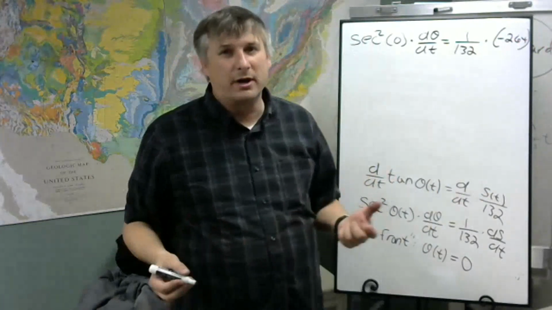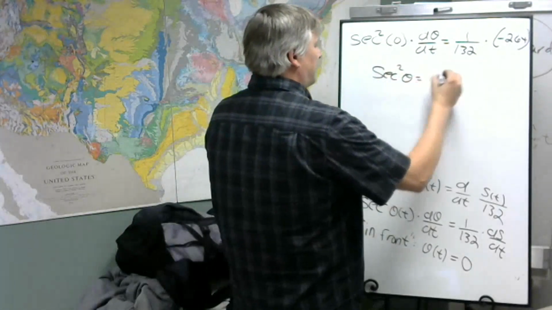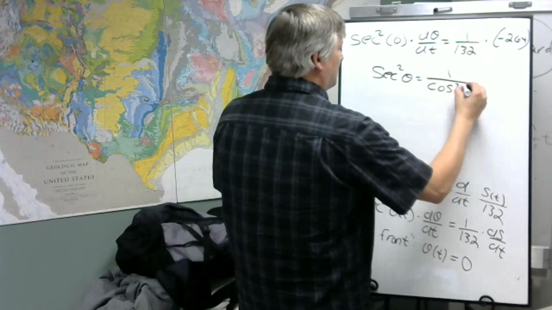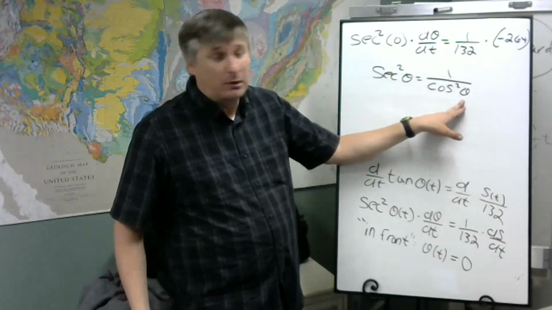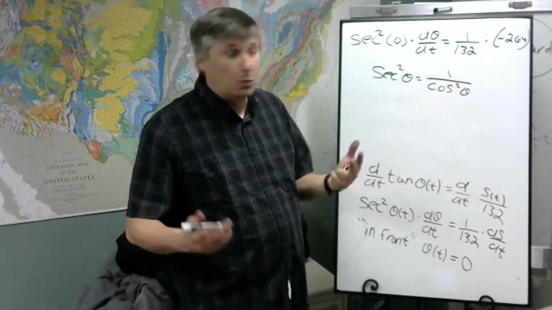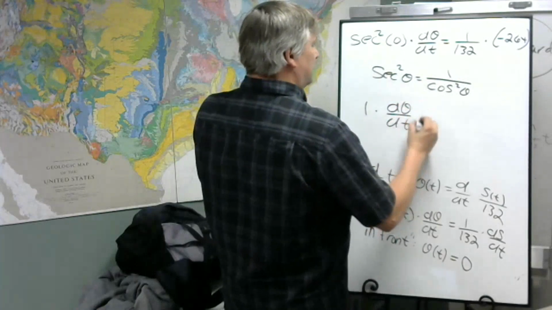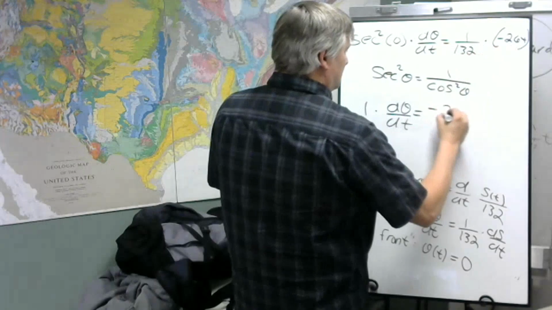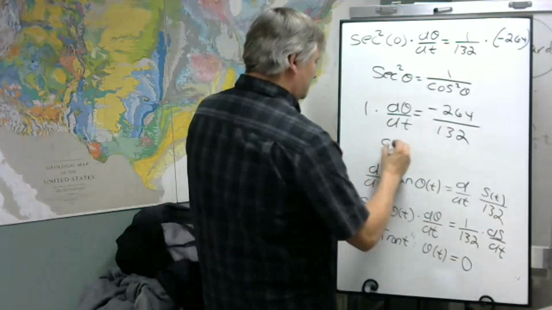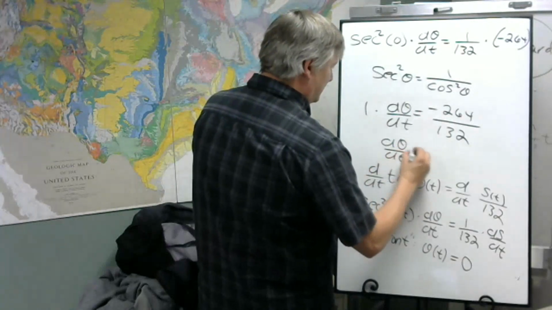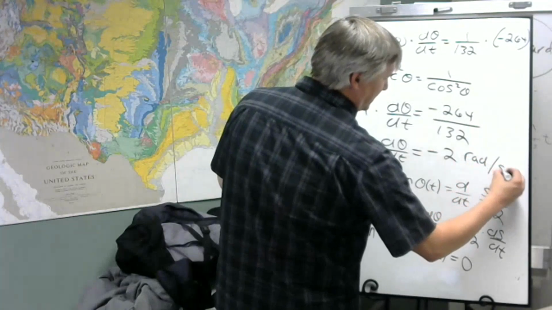Now, secant of 0 is 1. Because remember, secant is 1 over cosine of theta. And cosine of 0 is going to be 1. Square that, you still have 1. 1 divided by 1 is 1. 1 times d theta dt. This negative 264 over 132 is just negative 2, and so d theta dt is negative 2 radians per second.